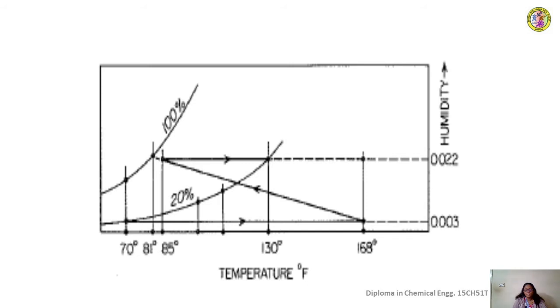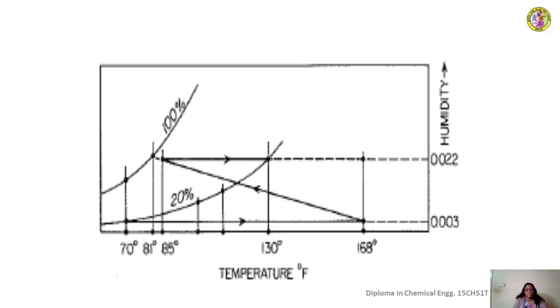From that point, if you cool along the adiabatic cooling line as shown in the diagram, the desired humidity of 0.022 is reached. Once the desired humidity is attained, you can again heat it to whichever temperature is required. As indicated in the diagram, you are heating the final mixture to 130 degrees centigrade.